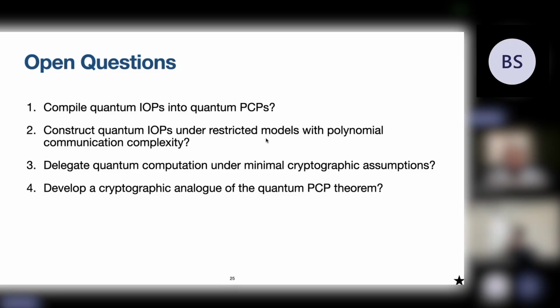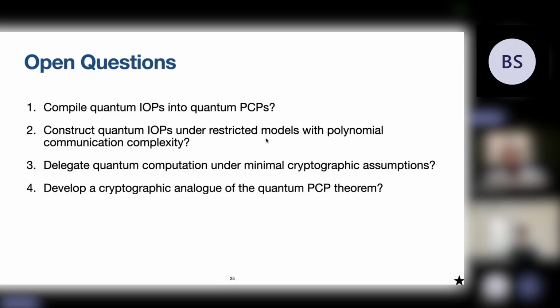Develop a crypto analogous of the quantum PCP conjecture. Which means if you have a quantum IOP, you can hope to compile it into one round. So say you are going to have a non-interactive argument for QMA, but polynomial length. So this is kind of a crypto analogous of PCP.